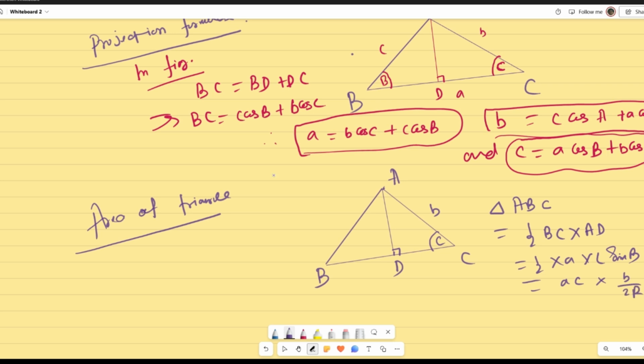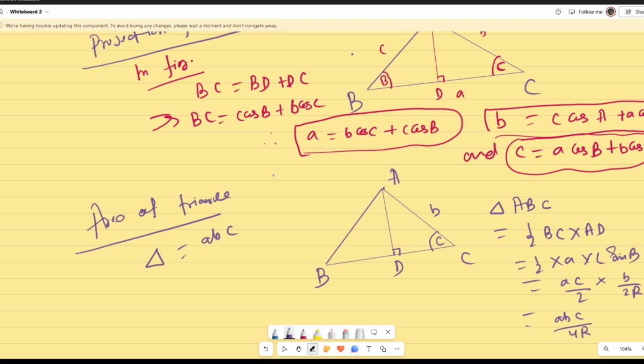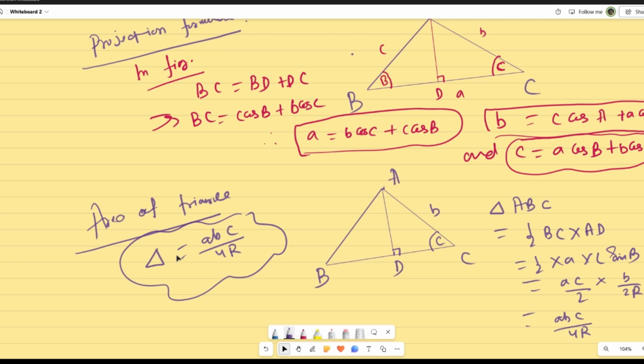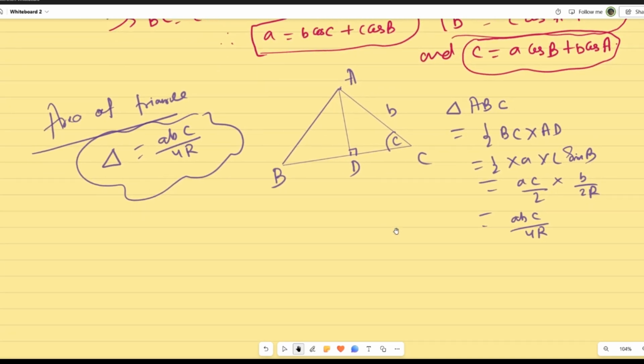Already half is there. We'll write delta equal to ABC by 4R. Okay. I expect sums will be based on this formula.